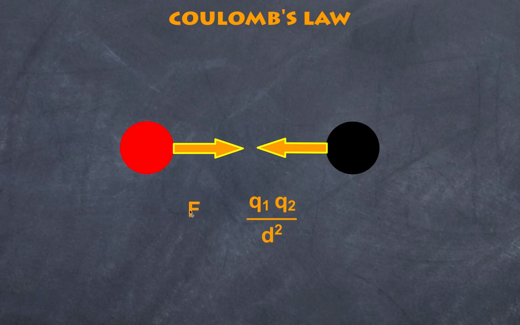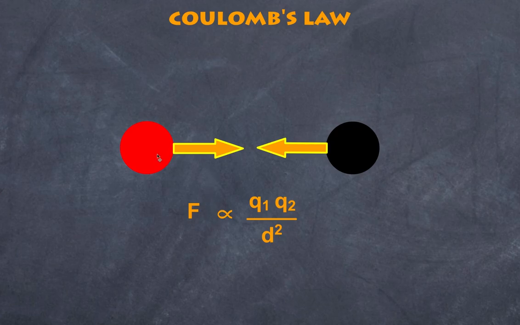In other words, this is an inverse square law. And I do have a video where I discuss the inverse square law more closely. So what we say here is that the force is proportional to the product of the charges, but inversely proportional to the distance between them squared.